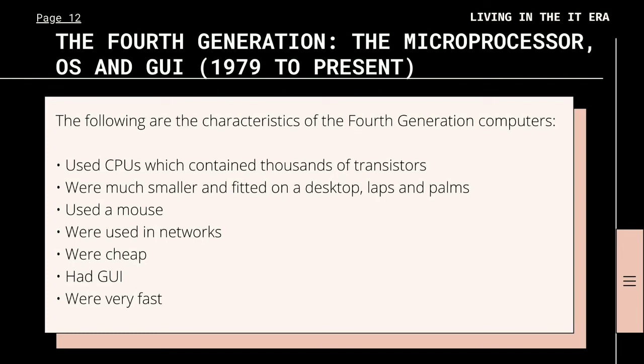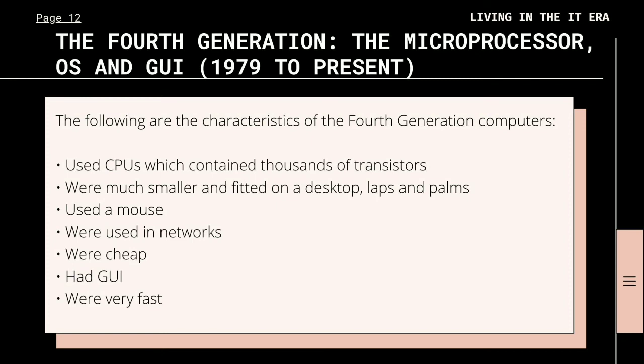The fourth generation of computers used the microprocessor, OS, and GUI. This generation started in 1979 and is still used up until this date. The following are the characteristics of the fourth generation computers.